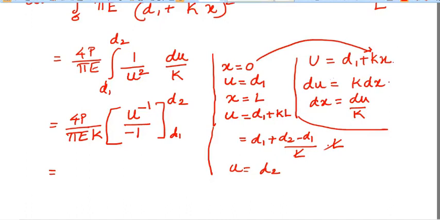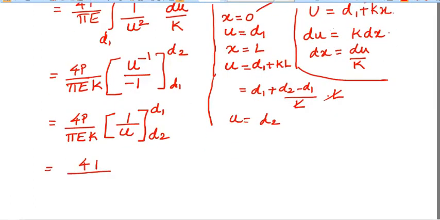You are having a negative sign, so you can write 1 by u, removing the negative sign and changing the limits. So the answer won't change.